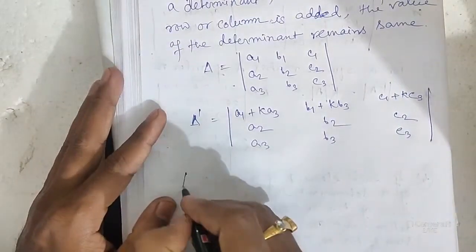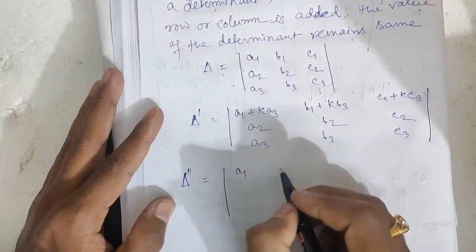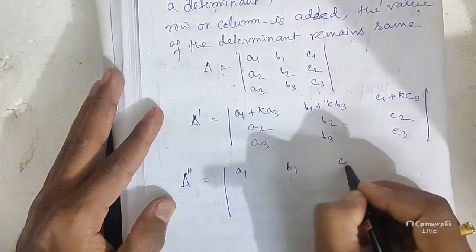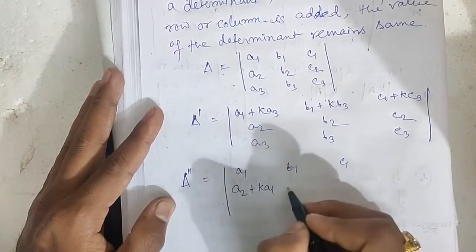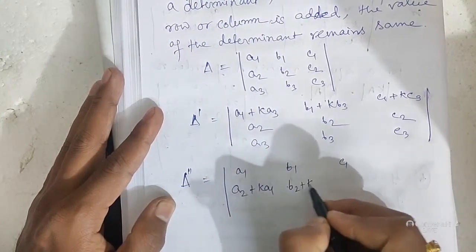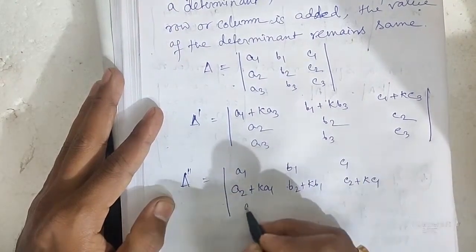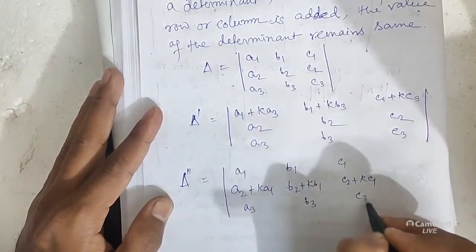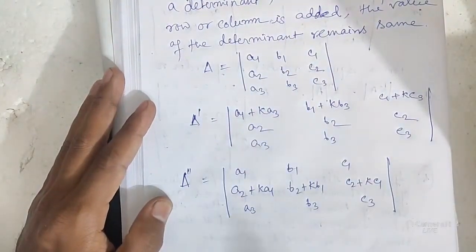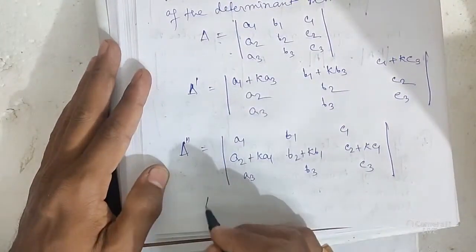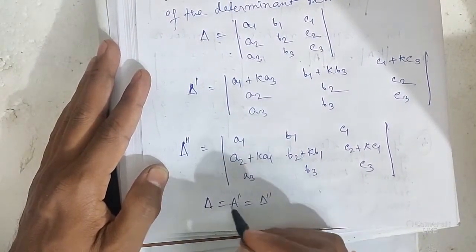You can take delta double dash equals A1 B1 C1, A2 plus K A1, B2 plus K B1, C2 plus K C1, A3 B3 C3. All the values are same. So here we can write delta equals delta dash equals delta double dash.